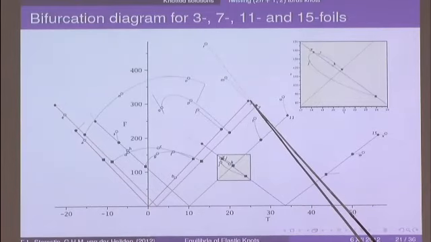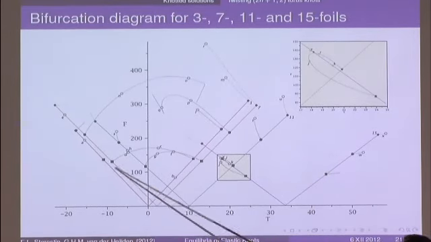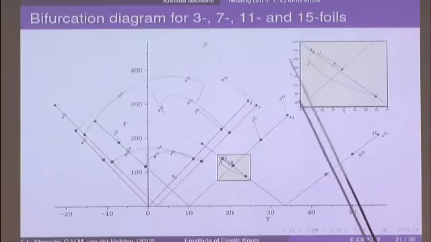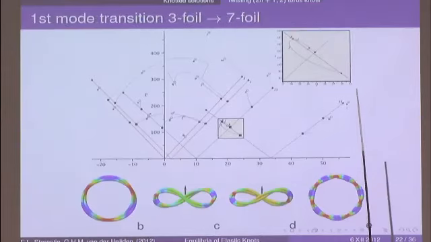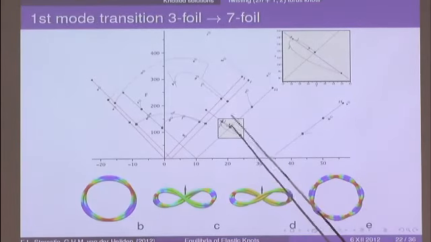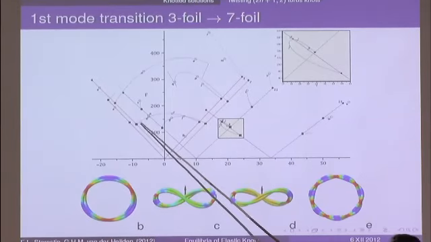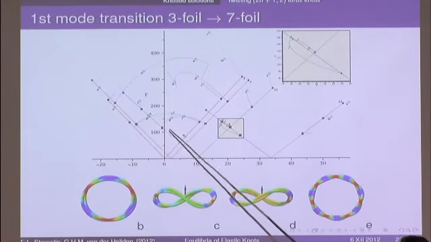The pink V shape is for the trefoil, for example. And next are the 7-foil, 11-foil, 15-foil. They are chiral, so this is for right-handed. And the black squares show the first bifurcations, or the points where we believe they lose stability.